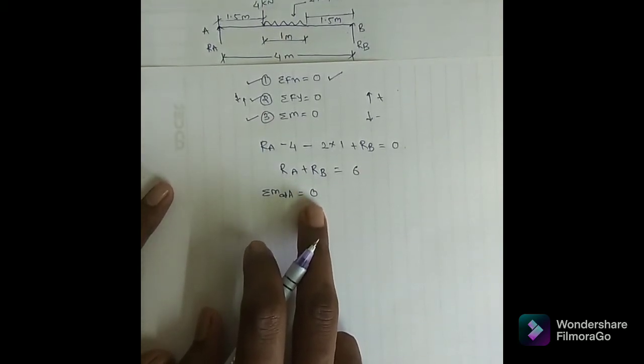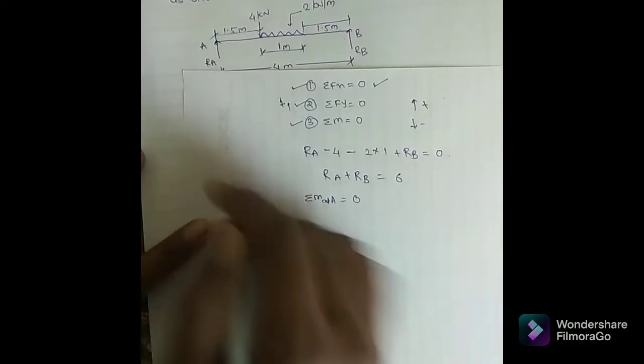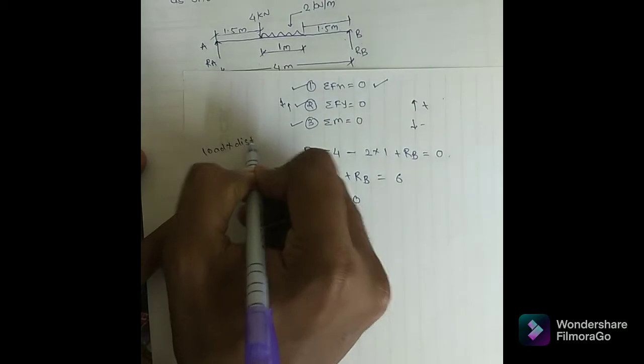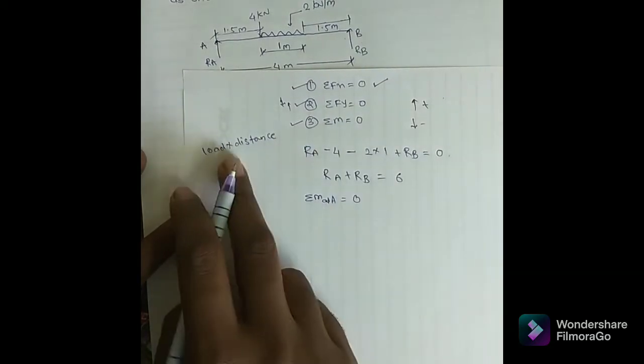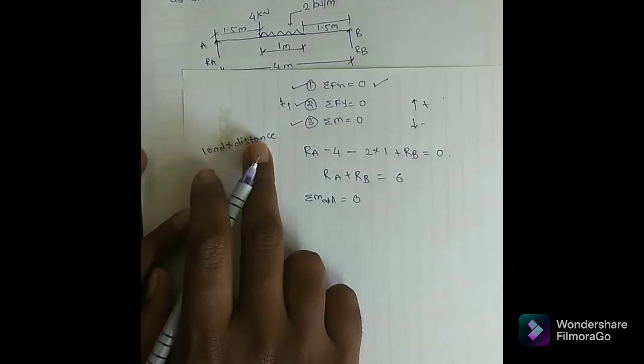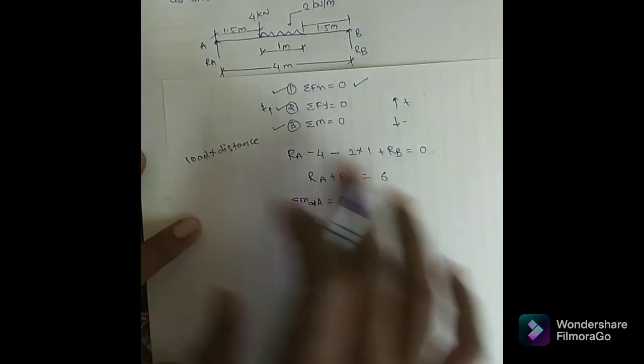So let's take moment at A. Moment means load into distance. Whatever load intensity is there, we have to multiply it by the distance from the point at which we are taking the moment.